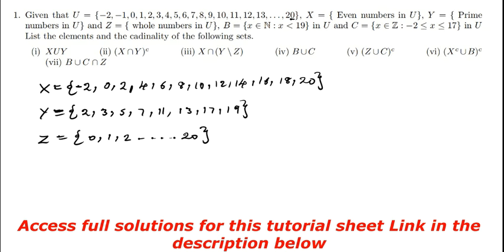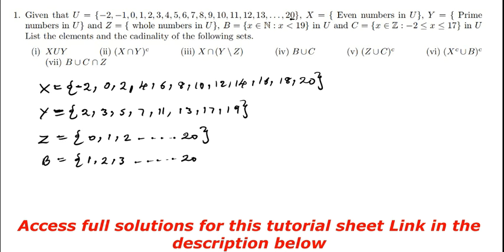Then we also have set B. B is saying x is a member of the natural numbers, but less than 19. So 19 is not included. So what are natural numbers? Natural numbers are counting numbers, positive counting numbers. So set B will be equal to 1, then 2, 3, all the way up to 20.